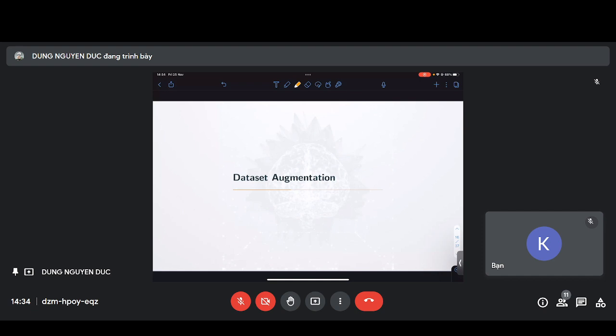That's good, right? And in computer vision, as I mentioned earlier, you can apply several techniques like the affine distortion.